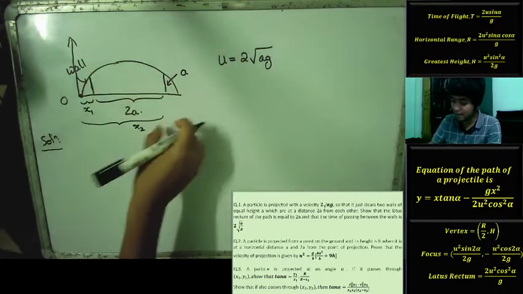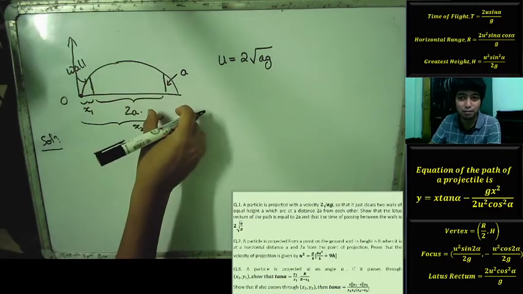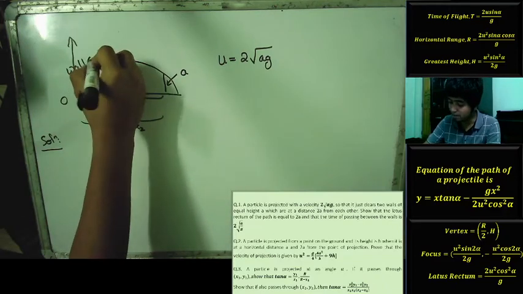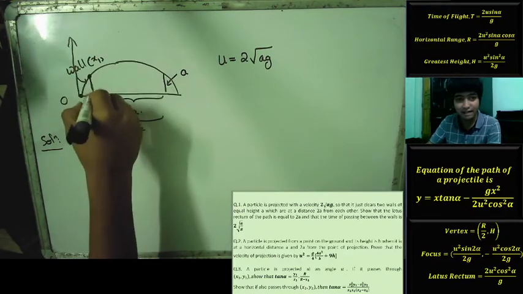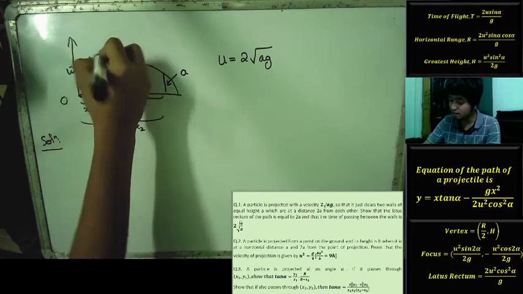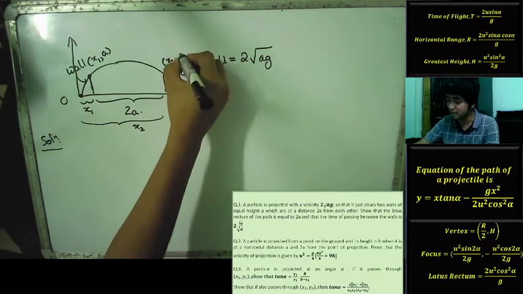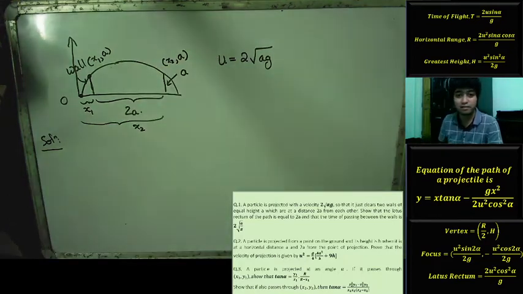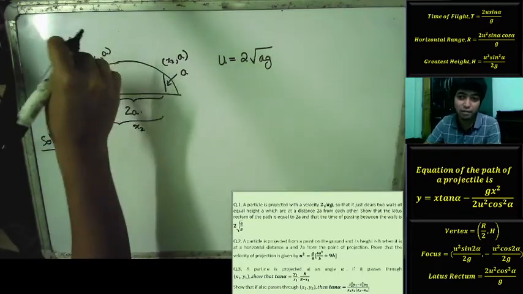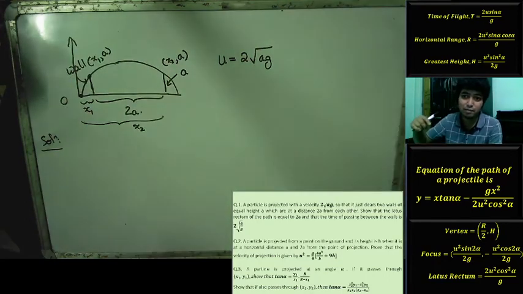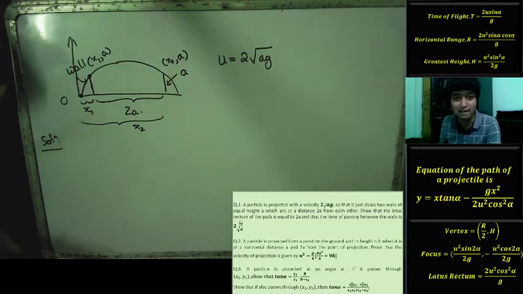So we can have that x2 minus x1 is equal to 2a. The coordinates of this point will be x1, and the height is still a. The position of the other wall is x2, the height is still a. Once you have coordinates, you will ultimately be using the equation of the projectile. So that is where we will start.